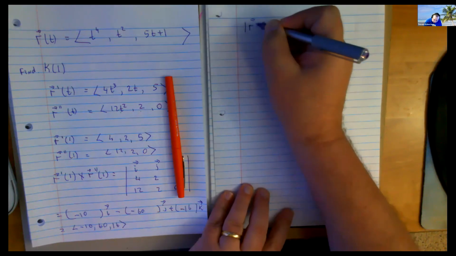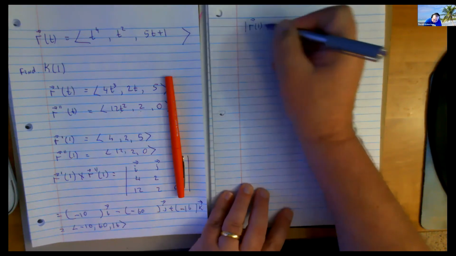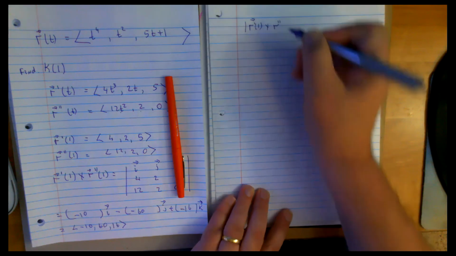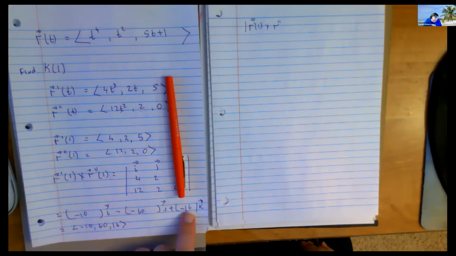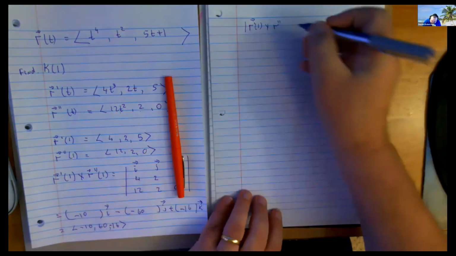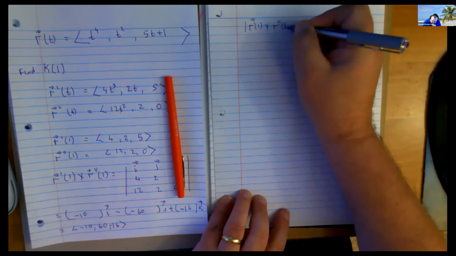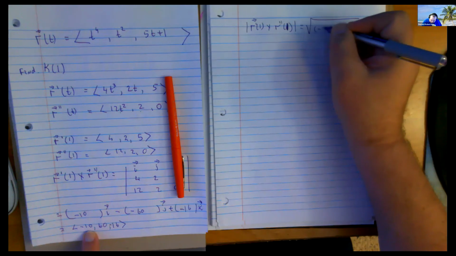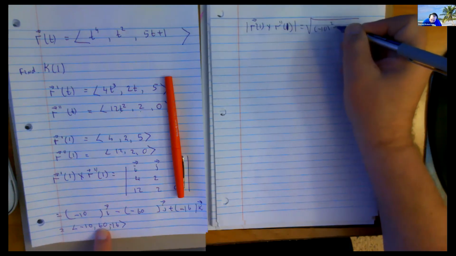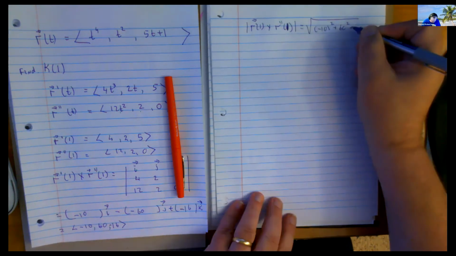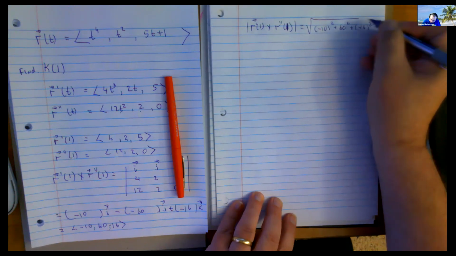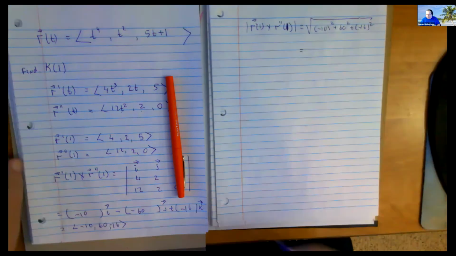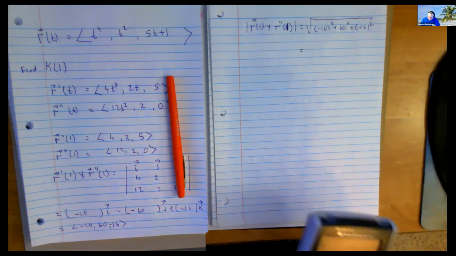So the magnitude of the cross product, might be minus 16, this one here, thank you, is going to be this guy squared, that guy squared, this guy squared, and that's why we have calculators, right? So what am I going to get?